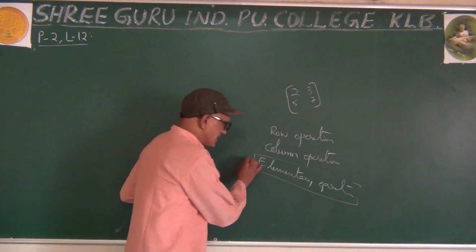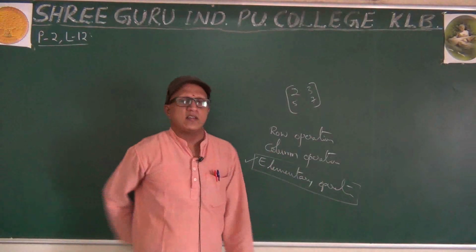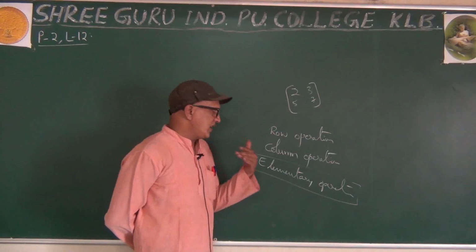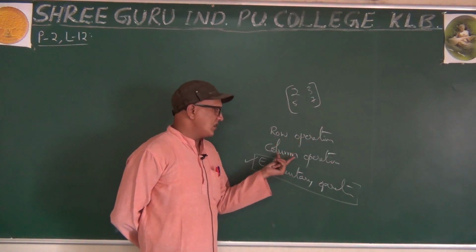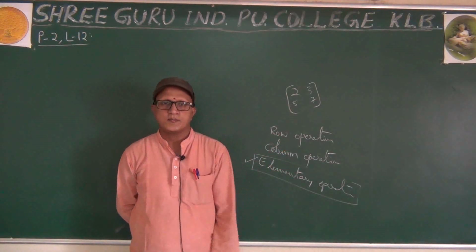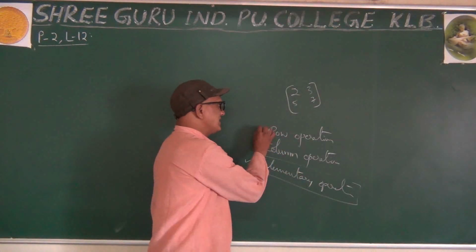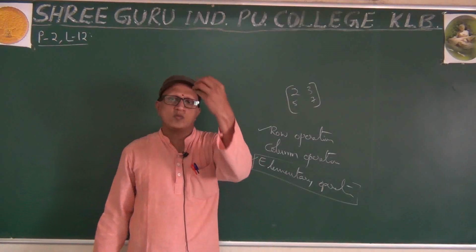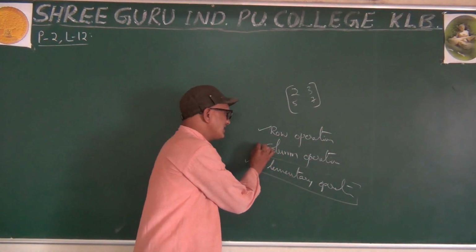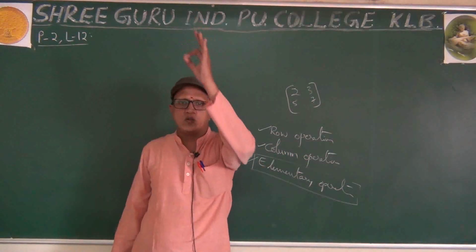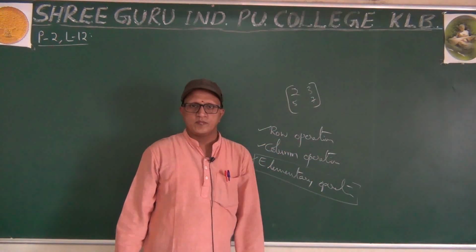If they ask for row operation, you have to follow only row operation. If they ask for column operation, you have to follow only column operation.